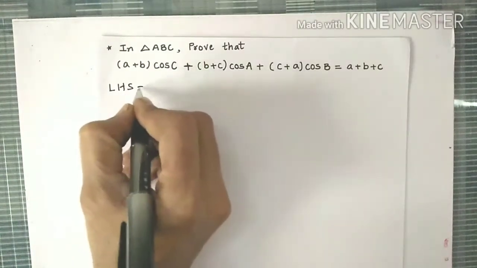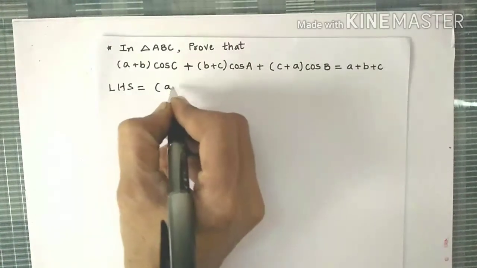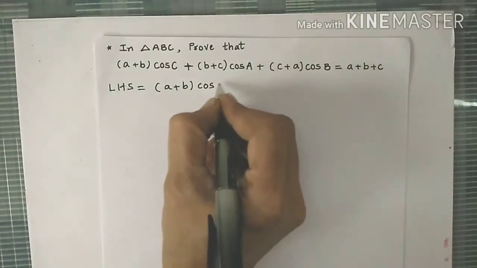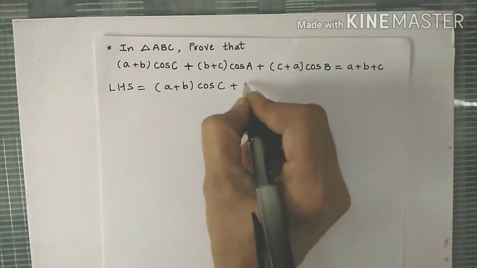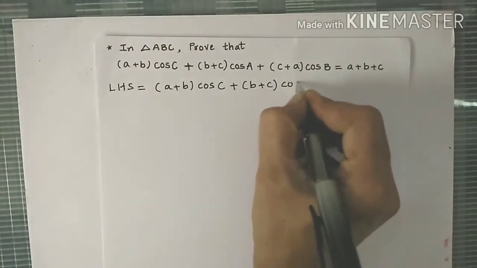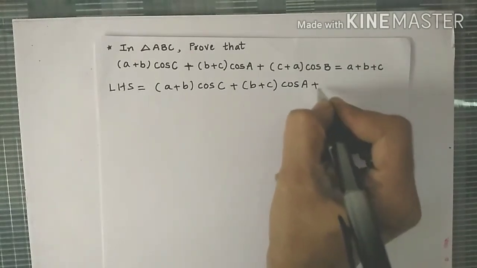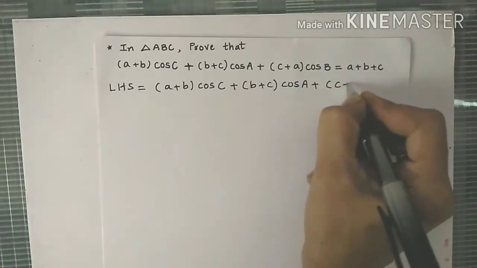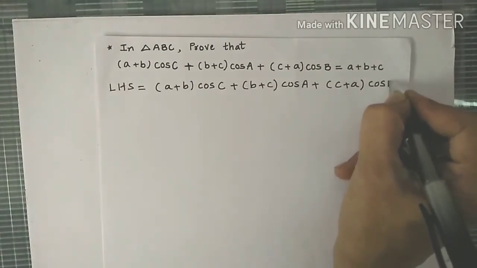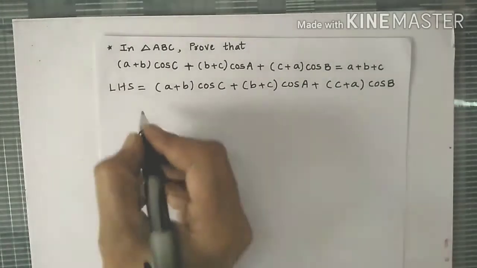Left hand side is (a + b) cos C + (b + c) cos A + (c + a) cos B. This is a very simple question. I think it carries only 2 marks because it is only a one step answer.